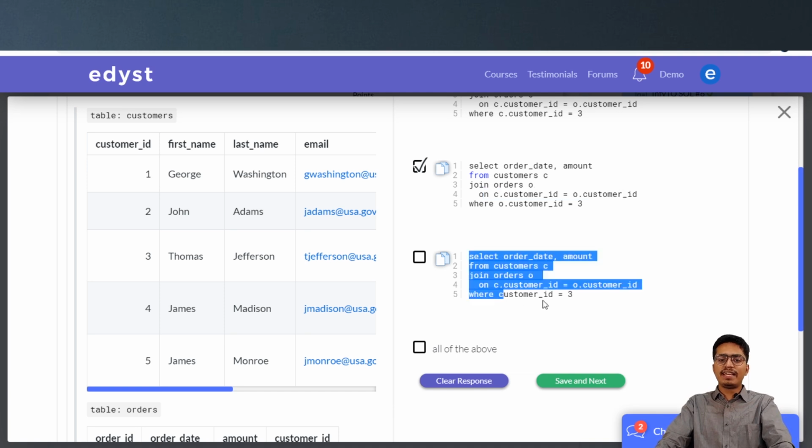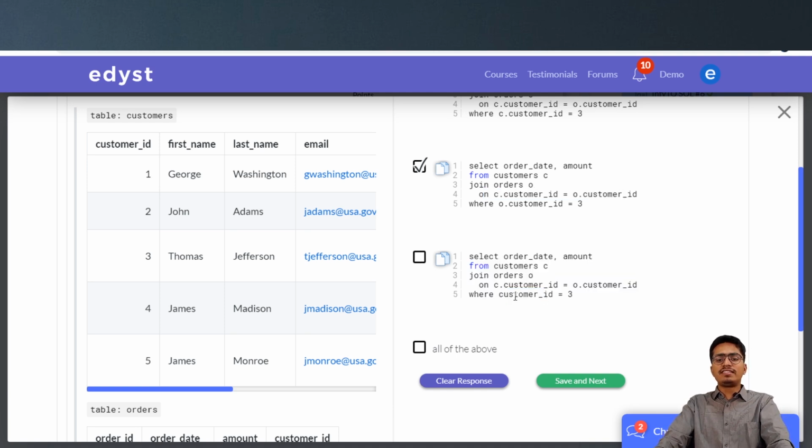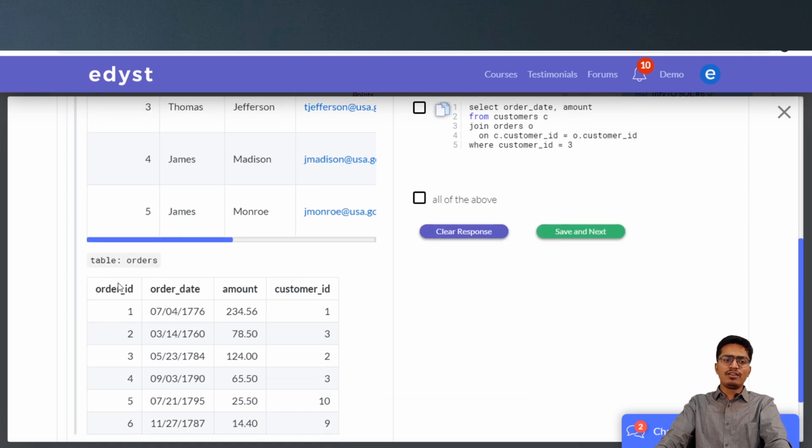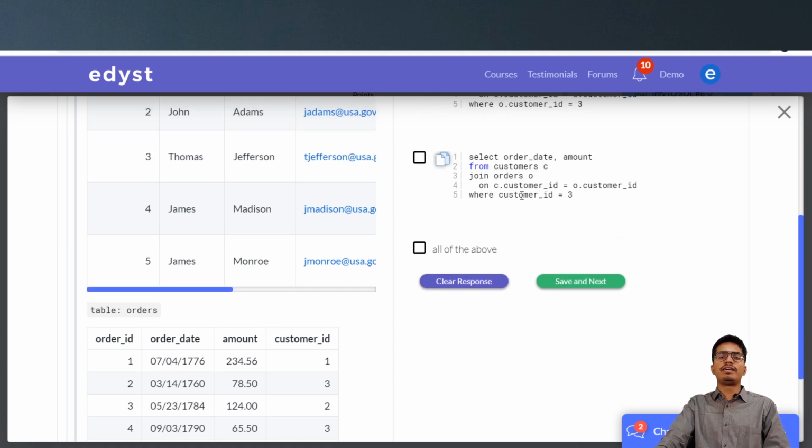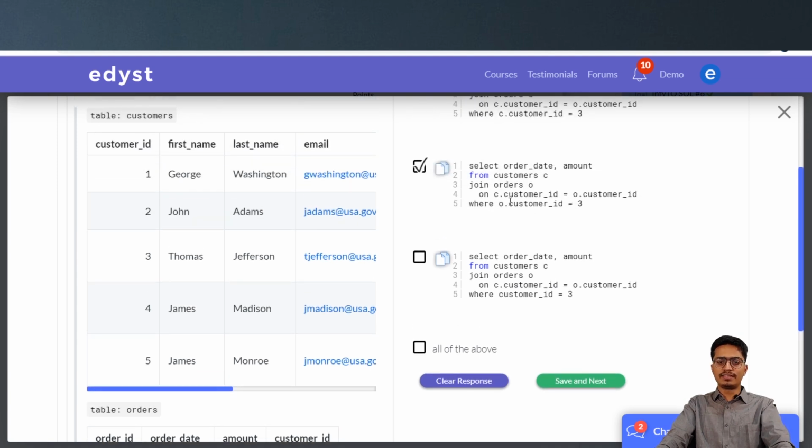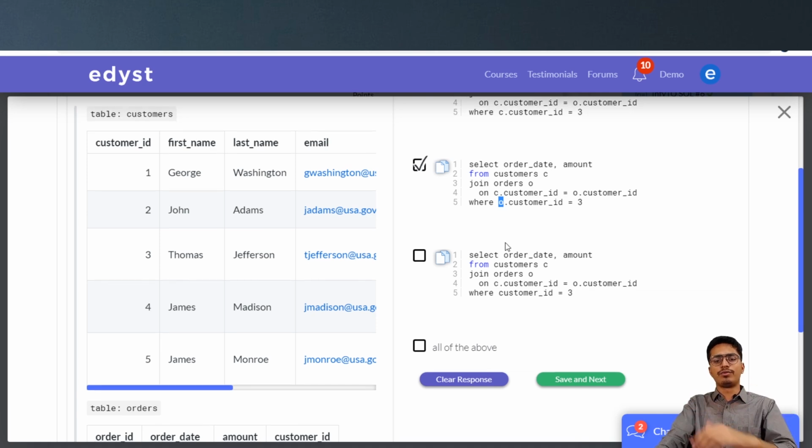If you just say customer ID, it's going to try and search, hey, which table has a unique customer ID? There's a customer ID in the customers table. Should I use that, or should I use the customer ID in the orders table? Because we did not specify which customer ID to use, this query is actually going to give us an error. So this is not going to give us the answer. O.customer ID says that I want to filter based on the customer ID value from the orders table in my final joined row.